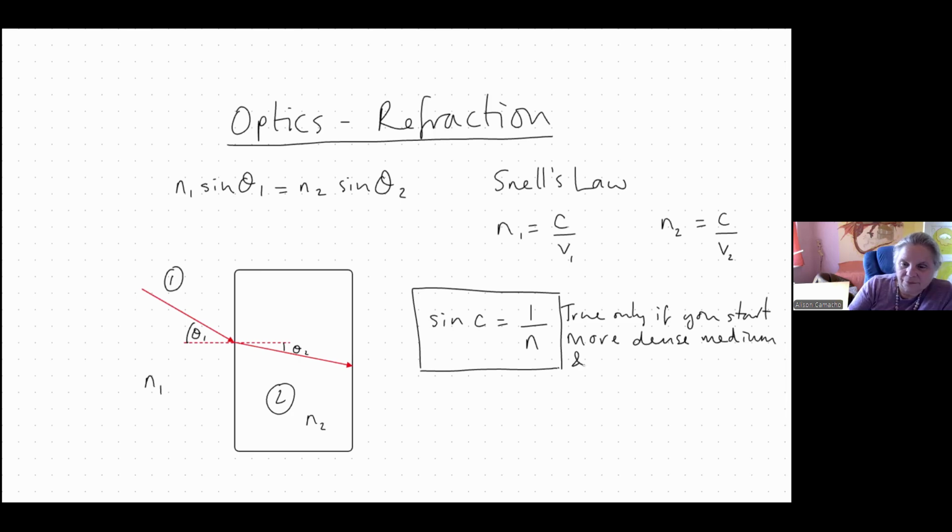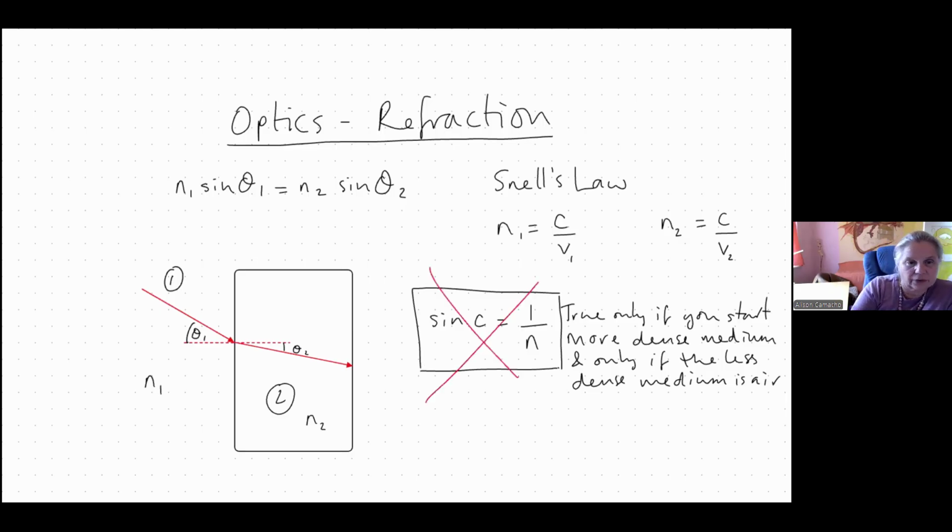So I don't want you to use that equation at all.